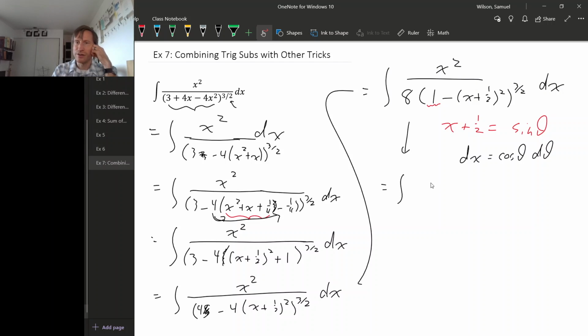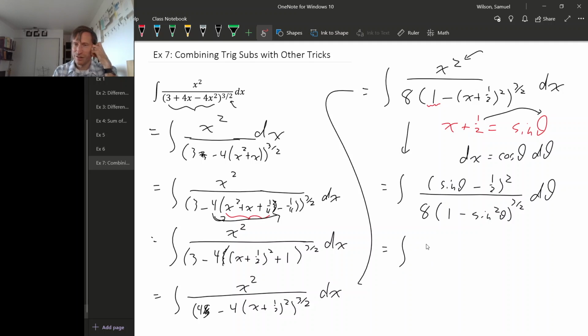So integral of, let's see, one unfortunate part about this is to do the substitution we have to deal with this x squared in the numerator, we have to move this 1/2 over. So x squared is sine theta minus 1/2 squared over 8 times 1 minus sine squared theta to the 3/2 d theta.